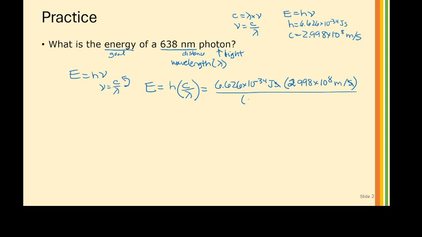So I'm going to use nano is equal to 10 to the negative 9. This is 638 times 10 to the negative 9 meters. So now my meters will cancel out. And I'll be left with joules, which is good because joules is an energy. And I get 3.115 times 10 to the negative 19 joules. We would round that off to 3 sig figs.